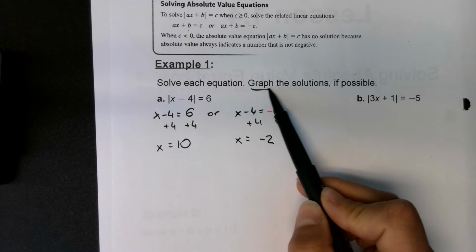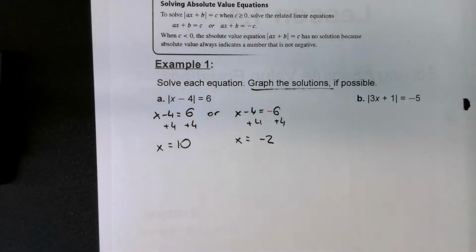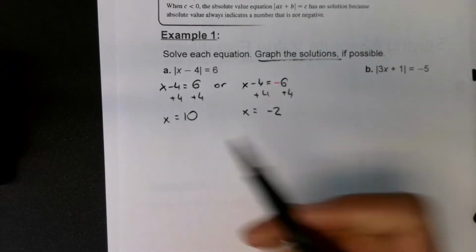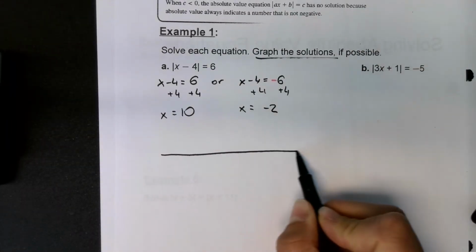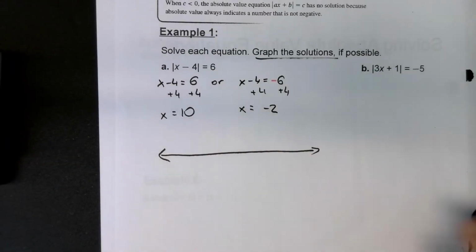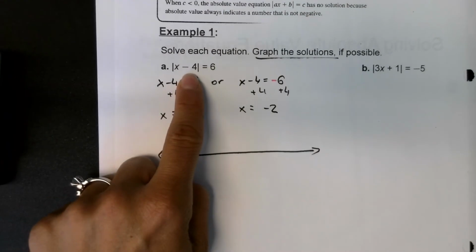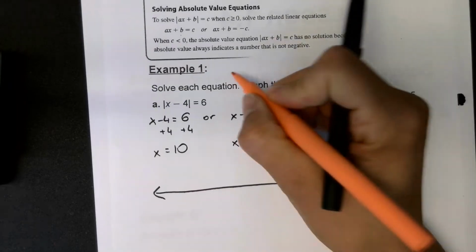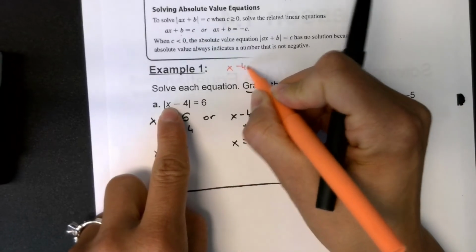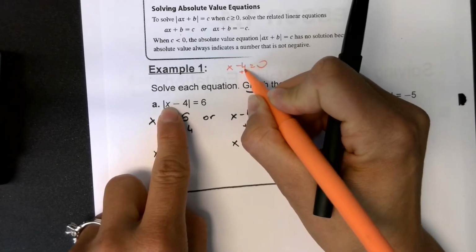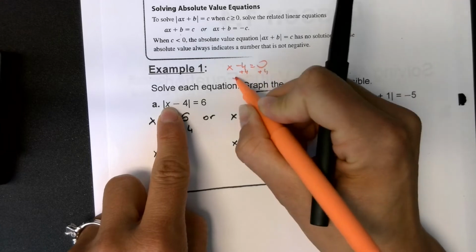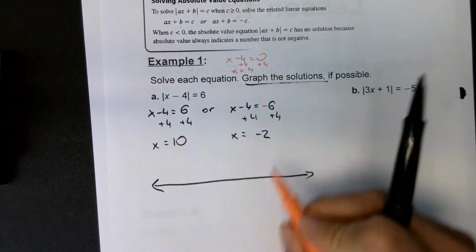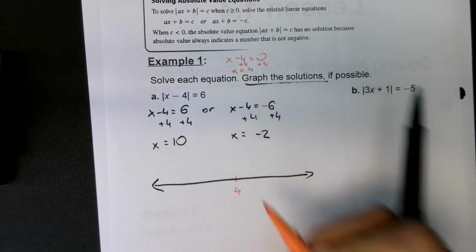Now, it did say graph the solution, so let's see if we did it right. Remember, it's always the opposite of whatever you see. And if you're not sure what you see, you can say, oh, it's just x minus 4 equals 0. So if I add 4 to both sides, x equals 4. So you start with x equals 4.